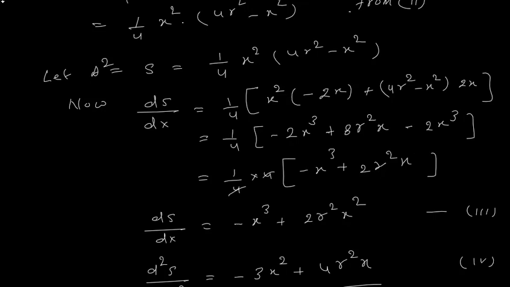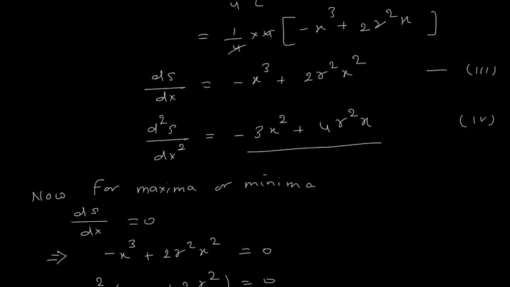Now here ds upon dx is r square into x. Okay, this is 2r square into x. I differentiate again, so this is minus 3x square plus this should be 2r square instead of 4. So this is 2r square.